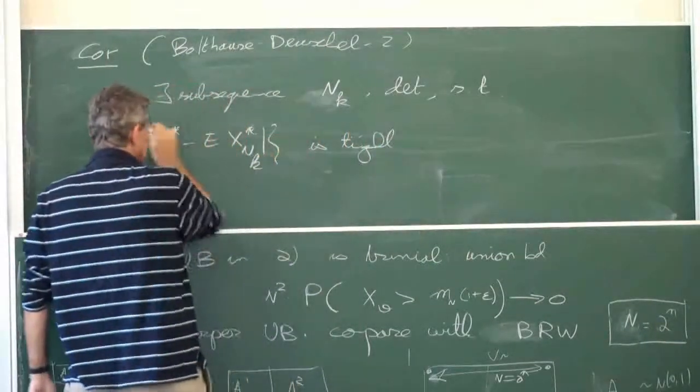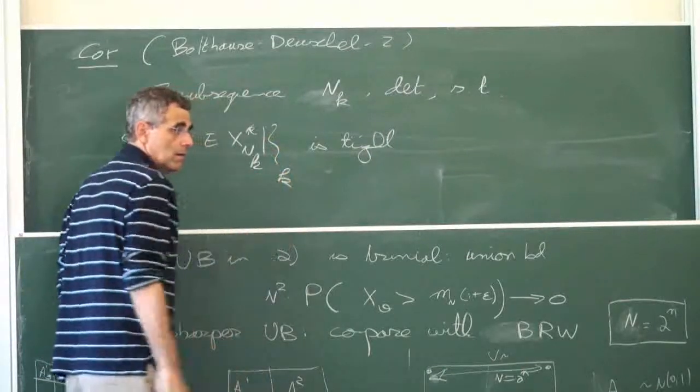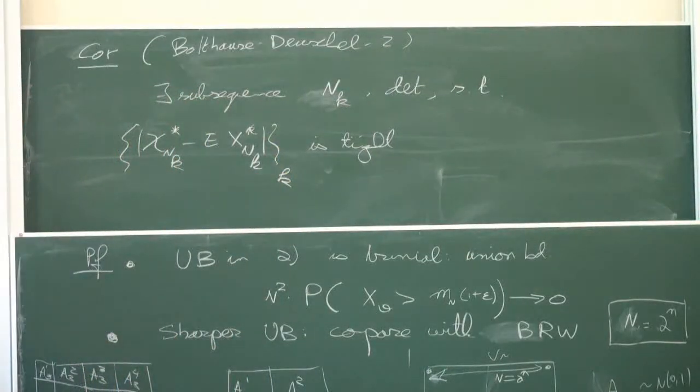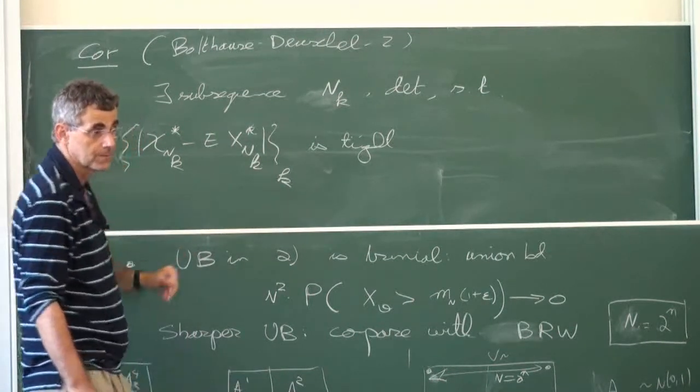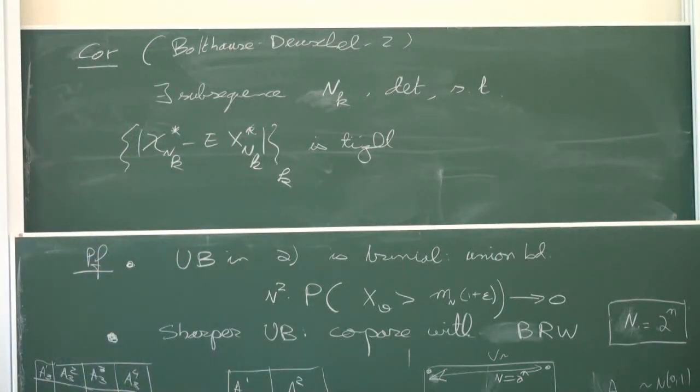So this is a sequence of random variables in k, and this is tight. Same trick. As soon as you have this domination and the law of large numbers, you get this inequality. You get this tightness. Okay, so that's the first corollary.